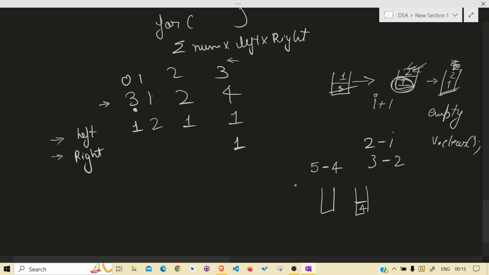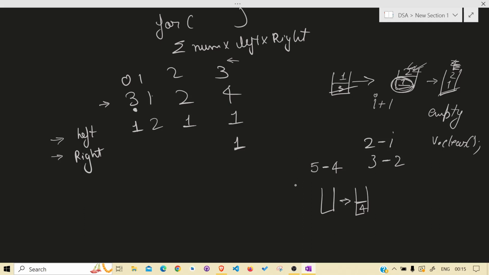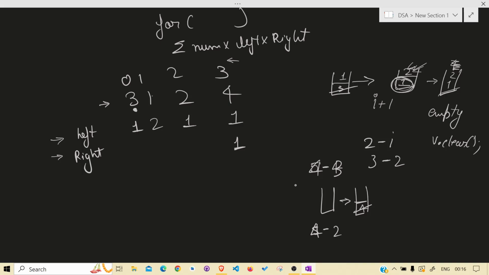Now 4 is pushed. Again 2. Stack top is greater, and it is an increasing stack, so it has to be popped out. Again, we have nothing in the stack. What we will be getting is 5 minus... this is 4, this is 3... 4 minus 2, 2.